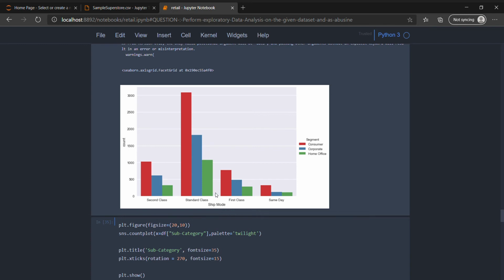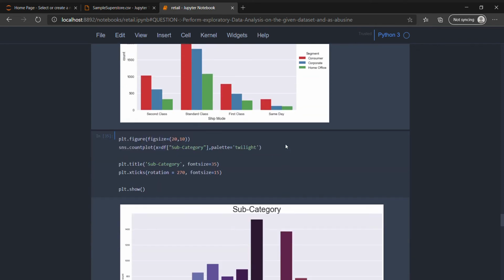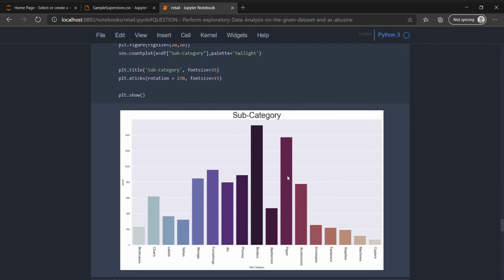And for the segments consumer, corporate, and home office, you have the consumer rate pretty high in every class, and home office is quite low compared to the consumer level. In the subcategory plot, you can see binders is pretty high, while copiers and bookcases are not making much.